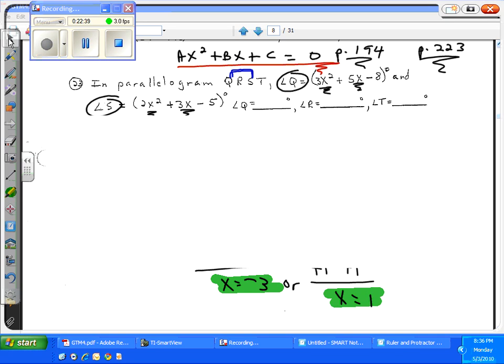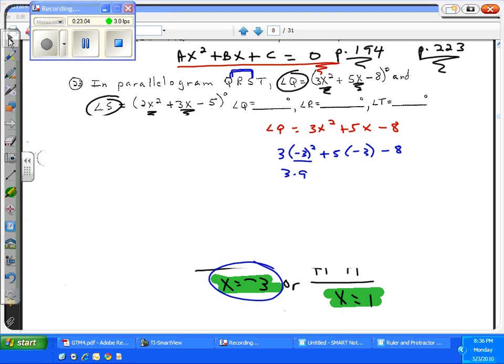So we'll try out angle Q. Angle Q, it said, was 3x squared plus 5x minus 8. If we plug in the negative 3, then we would have 3 open negative 3 quantity squared plus 5 times negative 3 minus 8. So we would have 3 times 9, and 5 times negative 3 is negative 15 minus 8.